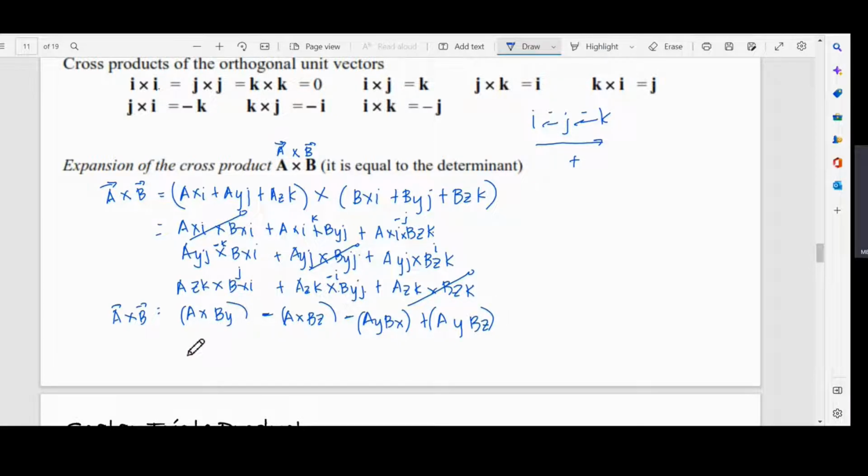Next one we have here, AZ BX J minus AZ BY I.